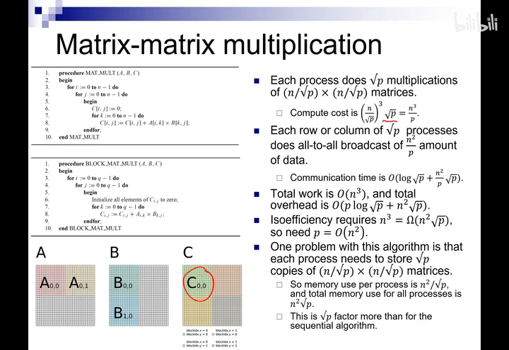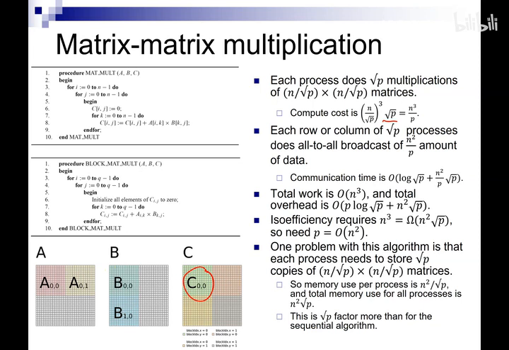Now, one problem with this algorithm is that each of the processes has to store a lot of copies of these matrices. Remember that to do the computation, each process initially just starts with one block of A and B, so one block has n squared divided by p elements. However, the first thing you do is broadcast these blocks along the rows or the columns.